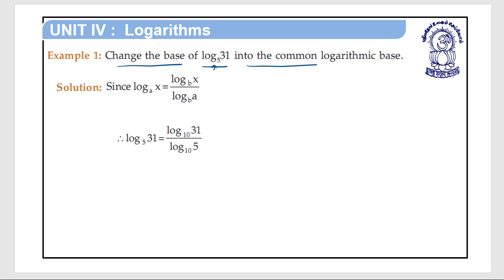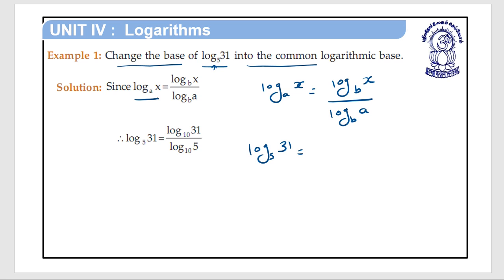Here log x to the base a is equal to log x to the base b upon log a to the base b. So log 31 to the base 5 is equal to log in the common logarithmic base, which means base 10.